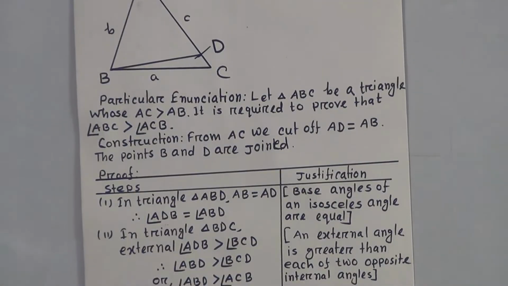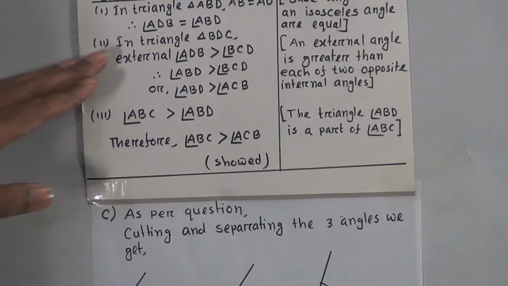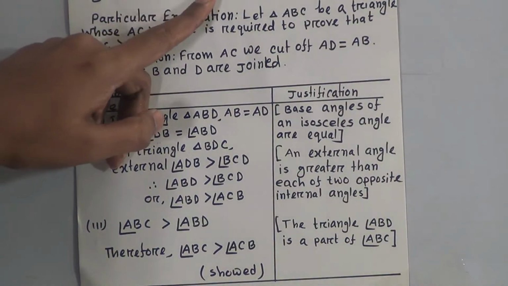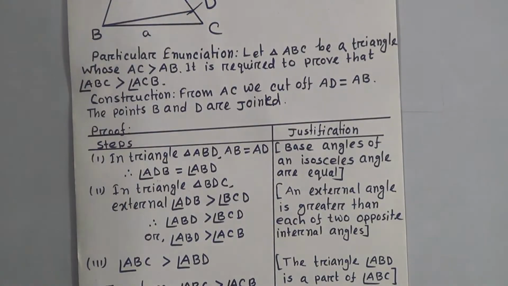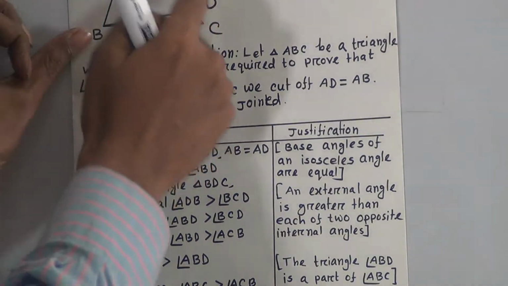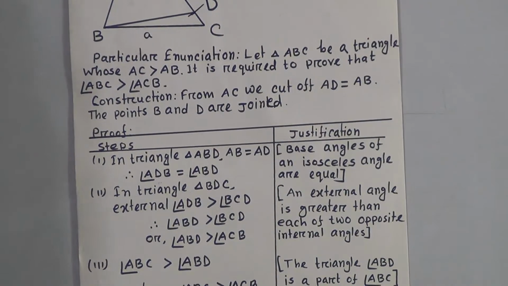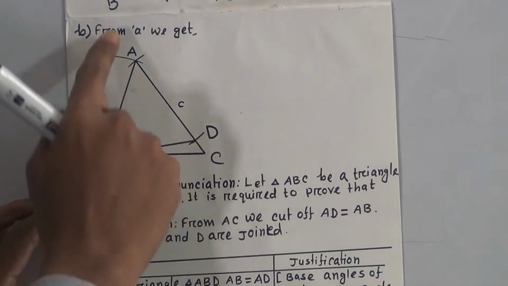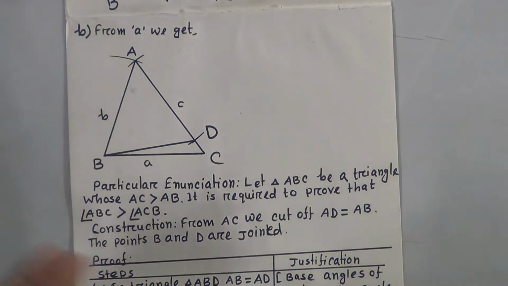Now step 2. You see, in the triangle BDC, its external angle is BDA or ADB. And remember that BDA or ADB is its external angle.